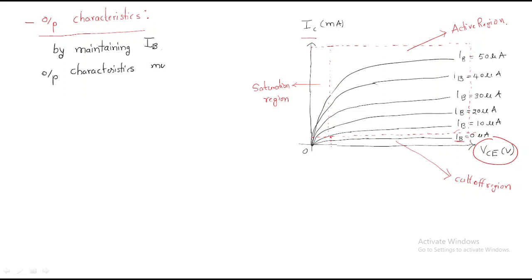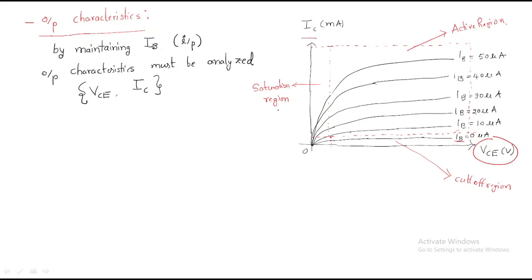Output characteristics means VCE and IC. So by maintaining the input, we have to analyze the output characteristics.